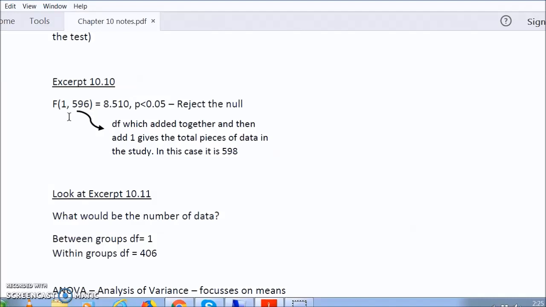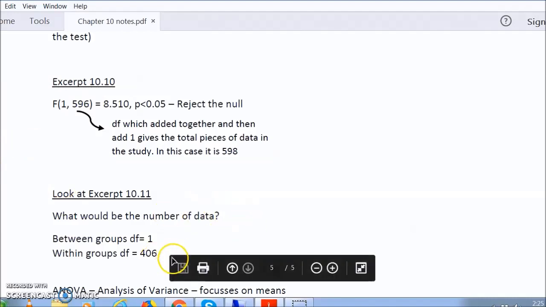So if you look at the table, the degrees of freedom would be, you add the 2 between the groups and within the groups, which gives you 407, and then you add 1 more to it, which will give you 408 as the total set.